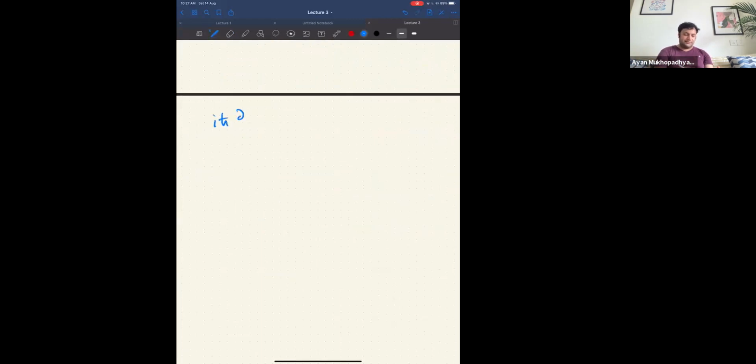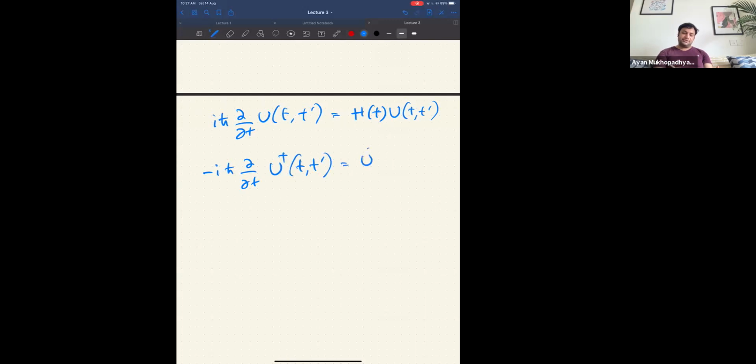So for that, you have i h bar del by del t of U(t, t prime) is equal to H(t) times U(t, t prime), right? And now if I take a Hermitian conjugate of that, I should get minus i h bar del by del t of U dagger(t, t prime) becomes U dagger(t, t prime) times H hat of t.